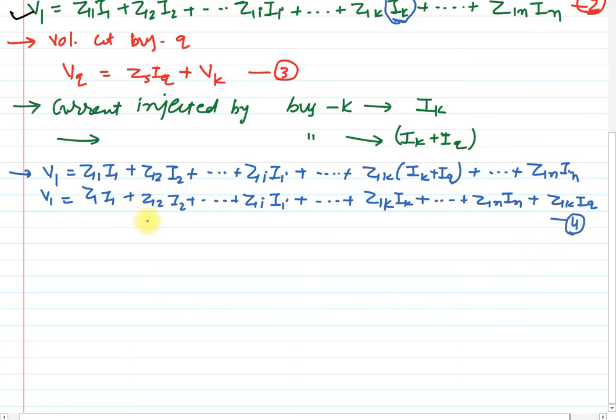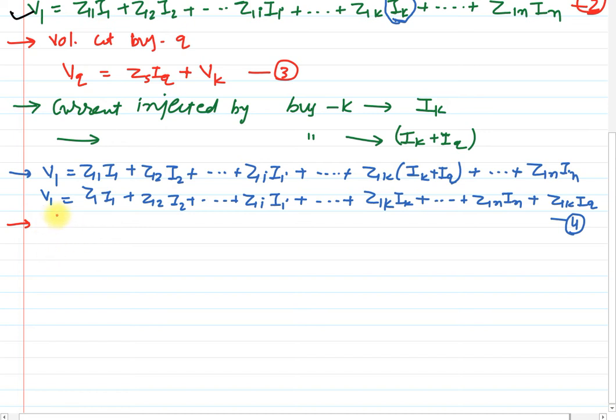I hope you have clear to this equation number 4. Just we have considered the effect of the new element which is added into the system. So same way, from equation 4, just write down the equation for voltage at bus number k.